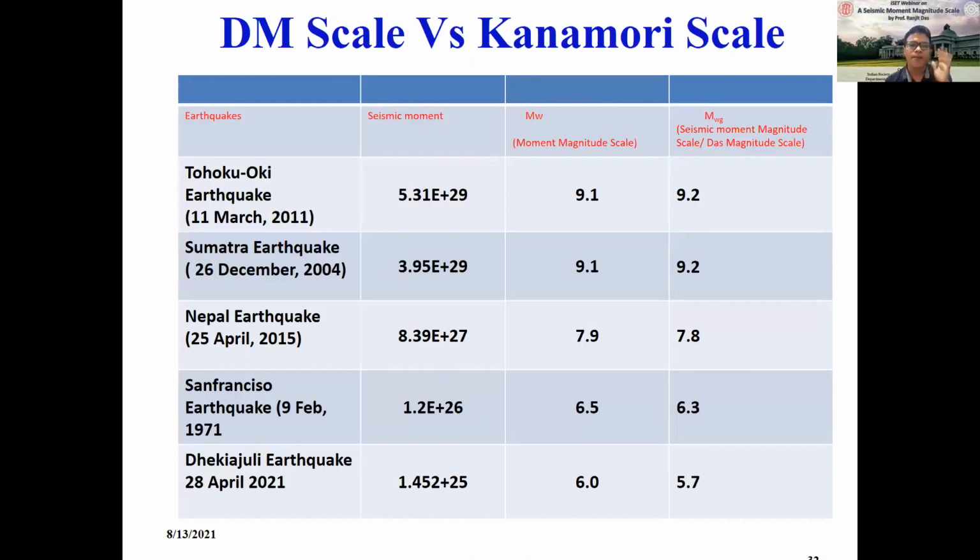Now if we compare some bigger earthquakes all over the world, the Tohoku earthquake of 11 March 2011 gives 9.1 in the MW scale and 9.2 in the MWG scale. So there is a 0.1 difference in the bigger earthquakes. If we go beyond that, these differences will be more.